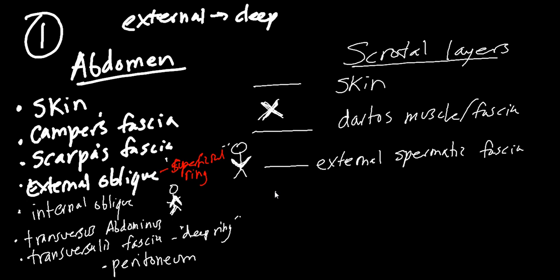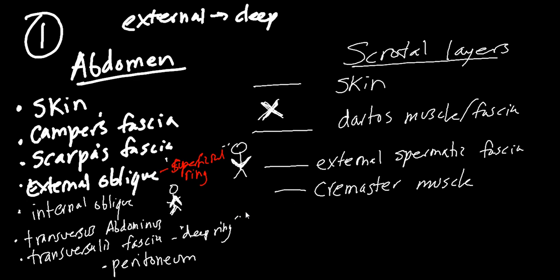Your internal oblique muscle is going to give rise to your cremasteric muscle, so your cremaster muscle. This is involved also in temperature regulation and also arousal. So arousal can cause contraction of this cremasteric muscle.